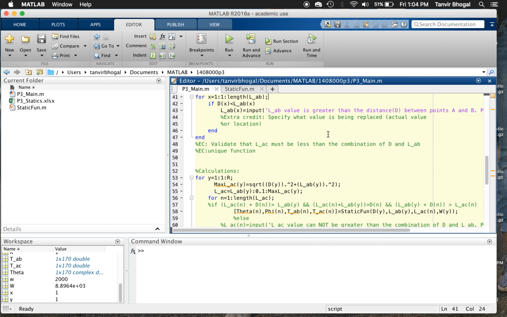The reason we did this was, one, to do the data validation, and two, to make sure that the user could input and replace that value.